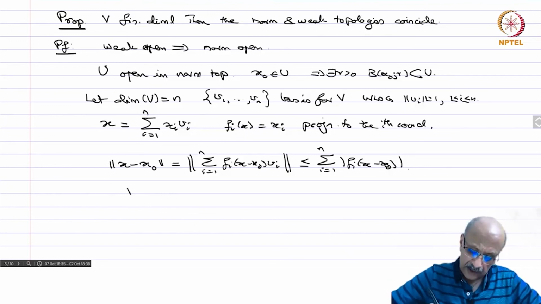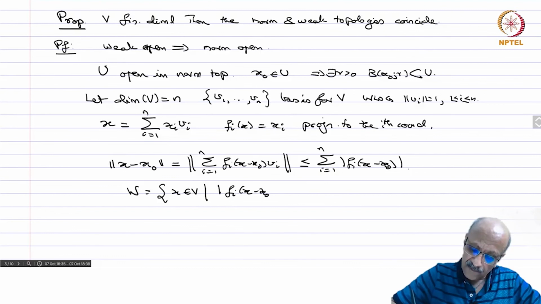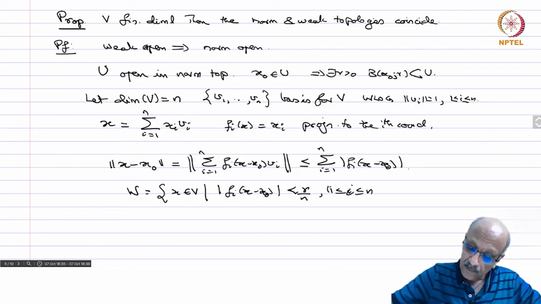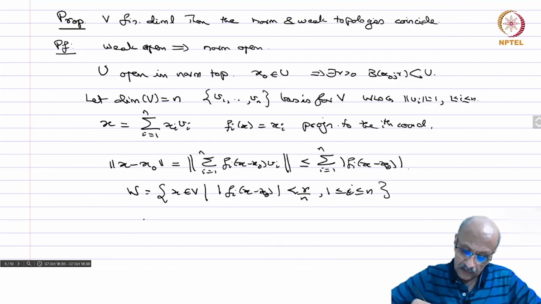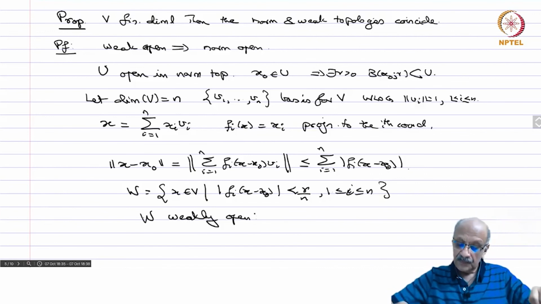So now you take W equal to the set of all x in B such that mod Fi of x minus x naught is less than R by n, 1 less than or equal to i less than or equal to n. So then W is weakly open. This is a typical neighborhood of x naught.